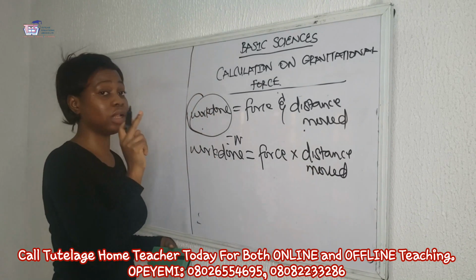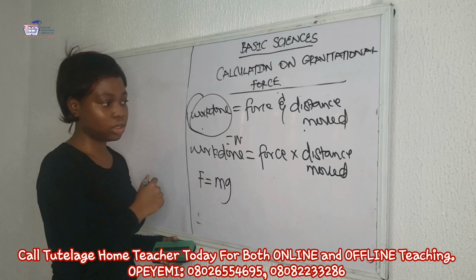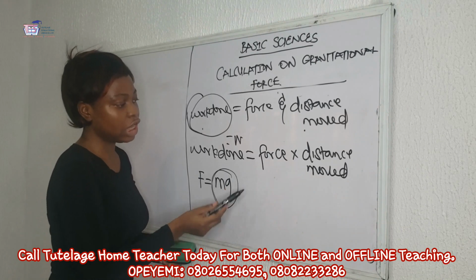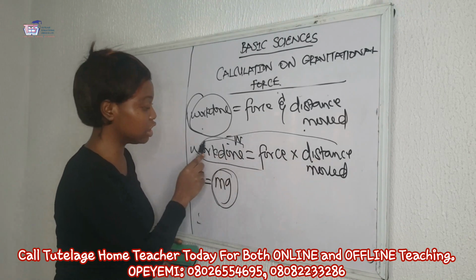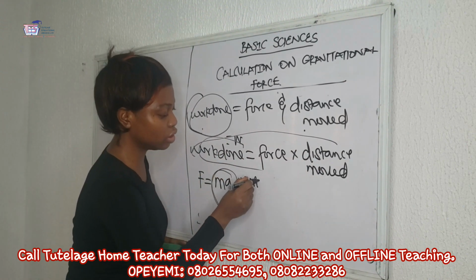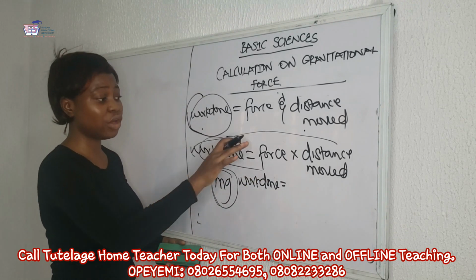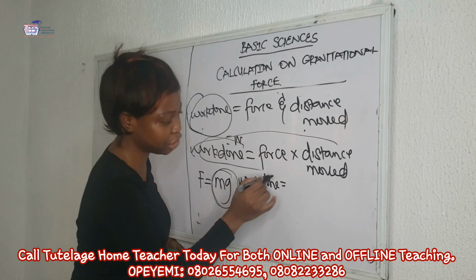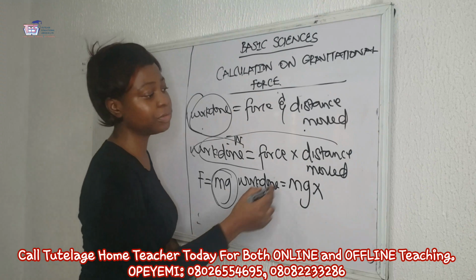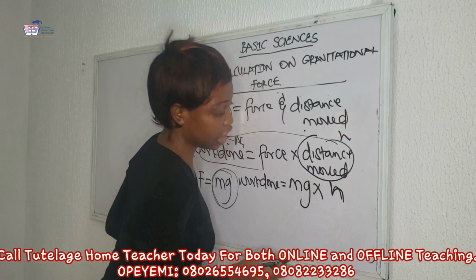Now remember that when we talk about force of gravity, we said force of gravity equals mg. Therefore, you can easily substitute this mg in the equation. In this equation, work done equals force times distance moved. Therefore, we have work done equals, where our force equals mg. So instead of just putting the force, you can easily put the mg times, we are talking about gravity now, so we replace this distance with height. We therefore have our h there.